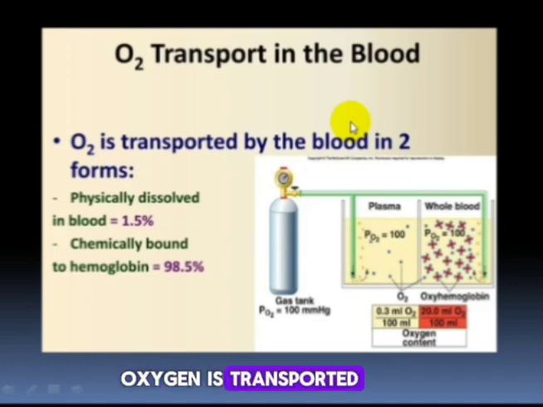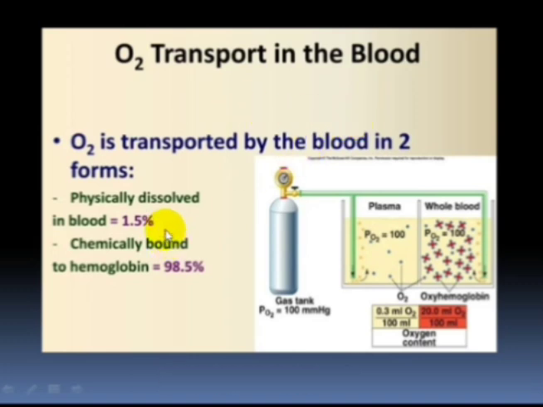Oxygen is transported in the human body in two ways. Number A is by dissolving in plasma.